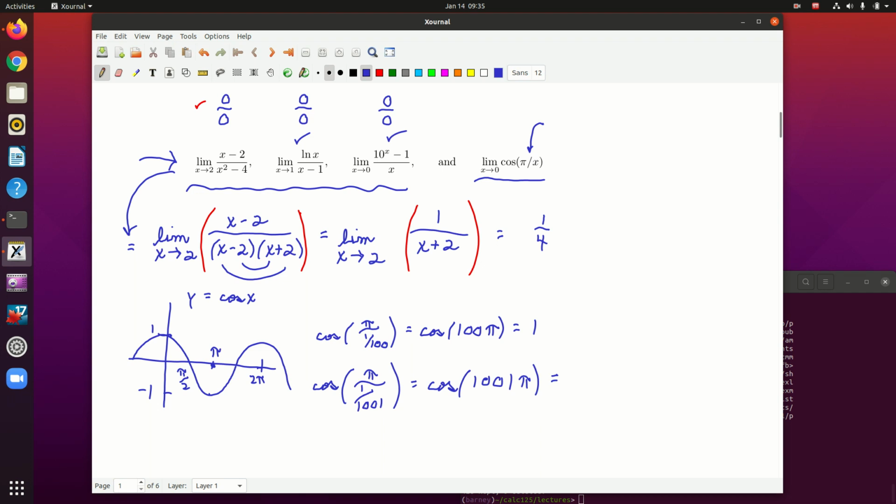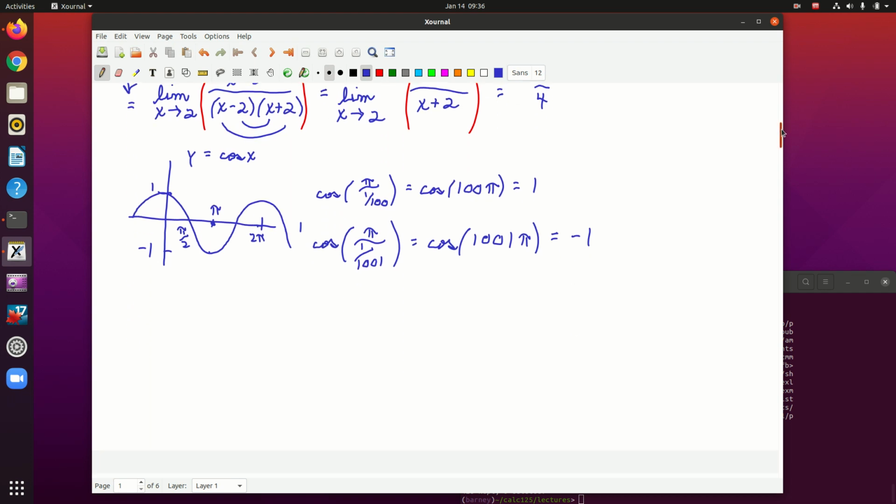When you have the odd multiples, pi, 3 pi, and so on, you get negative 1. And so the idea is that no matter how close x is to 0, there's always values where you get an even multiple of pi and other values where you get an odd multiple. So the graph keeps bouncing back and forth between 1 and negative 1.